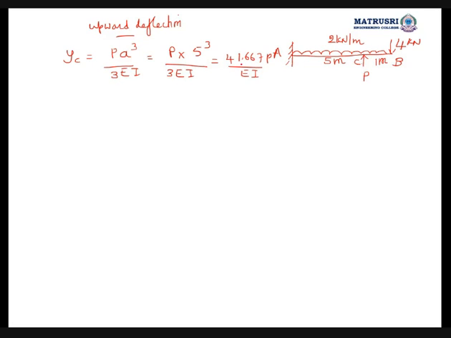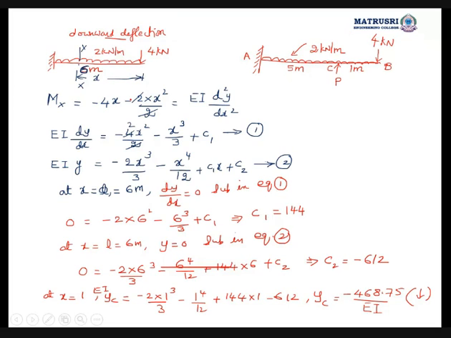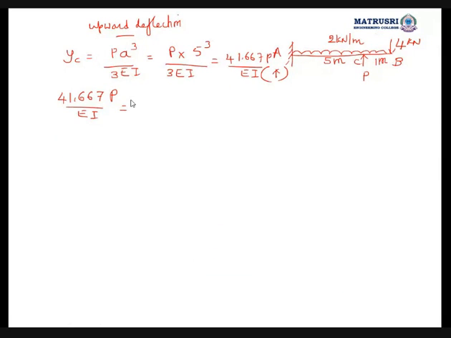So we will equate both. This is upward. So we will equate upward and downward deflection. P by EI is equal to what we got in the previous one, minus 468.75. Okay. So minus indicates downward only now. So 468.75 by EI. From this we will get P is equal to 11.25 kilonewton.